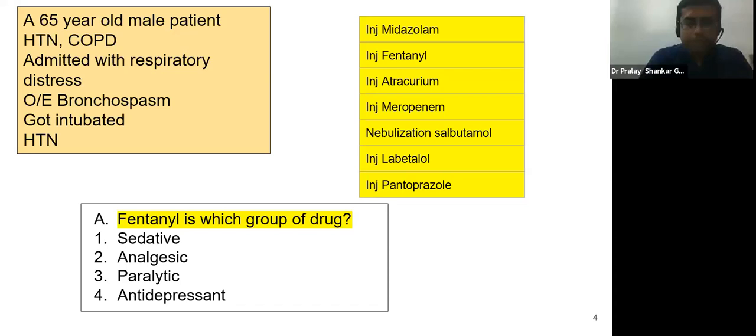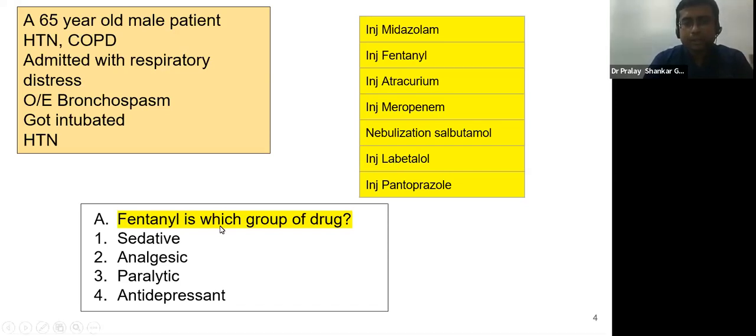The patient got intubated because of respiratory distress, and we found that the patient is having a blood pressure of 190 by 110. These are the medicines which the patient was prescribed: injection midazolam, injection fentanyl, atracurium, meropenem, nebulized salbutamol, injection labetalol, and injection pantoprazole.